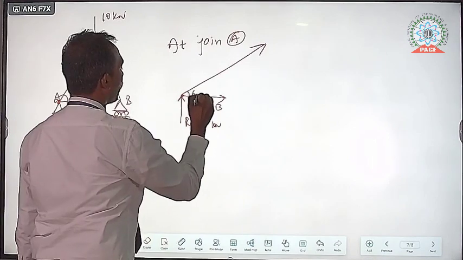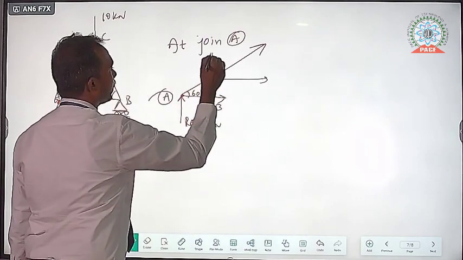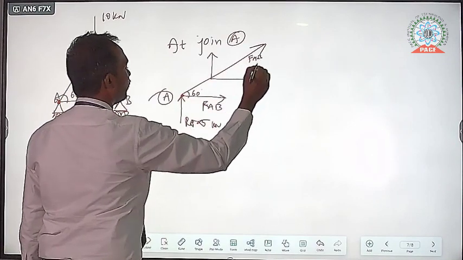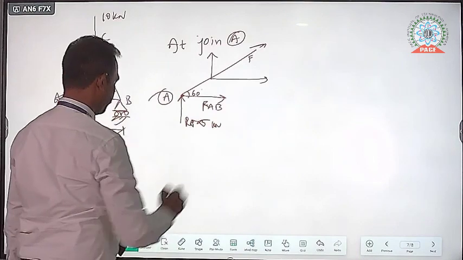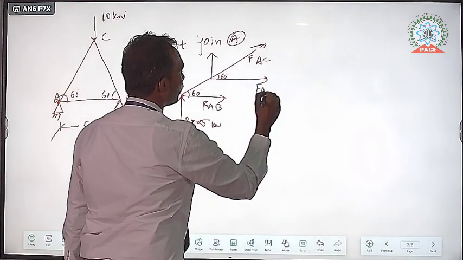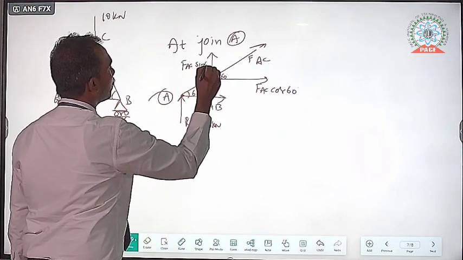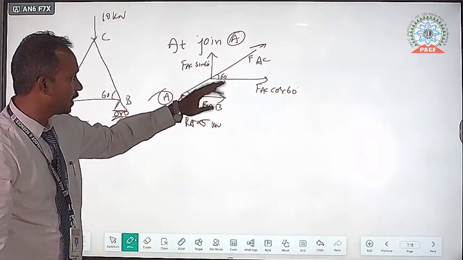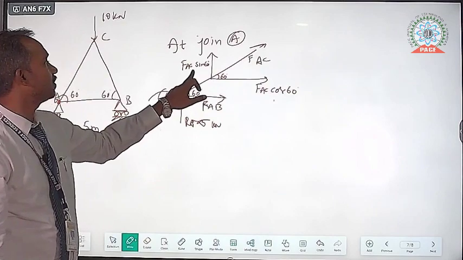At joint A, if you resolve this inclined force FAC into vertical and horizontal, this is FAC cos 60 and this one is FAC sin 60. This is the free body diagram of this.